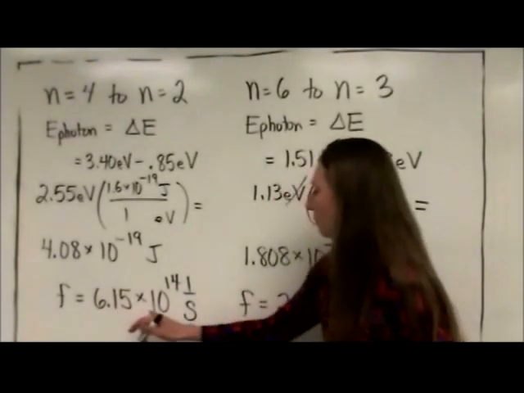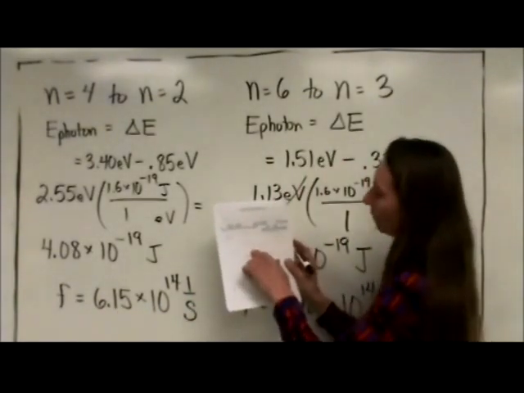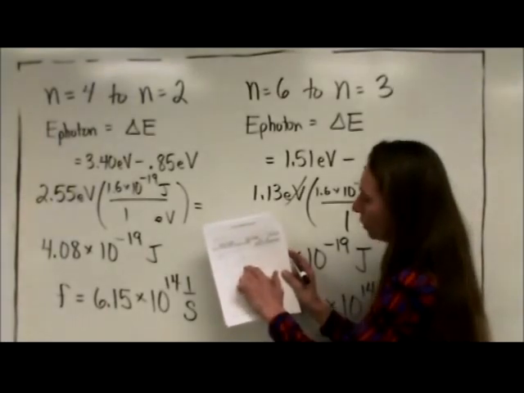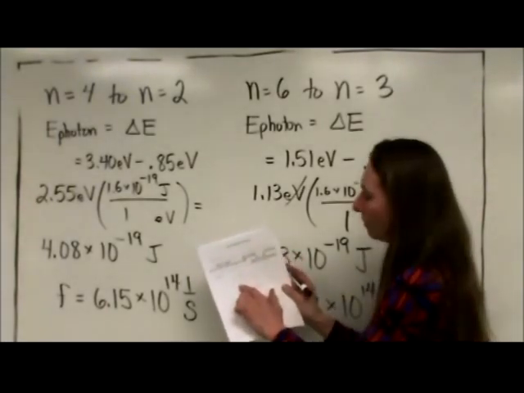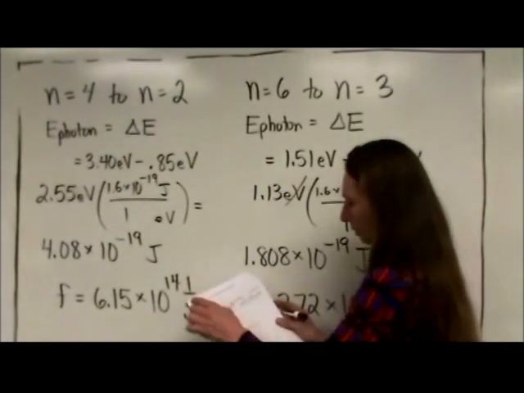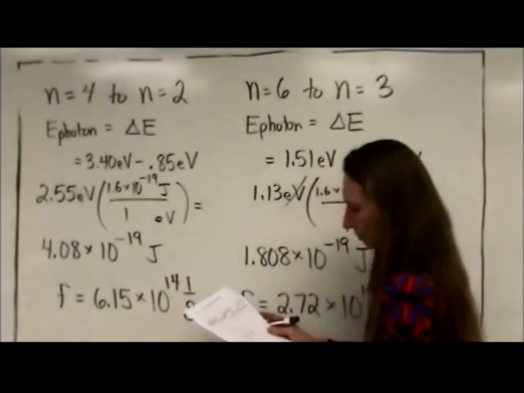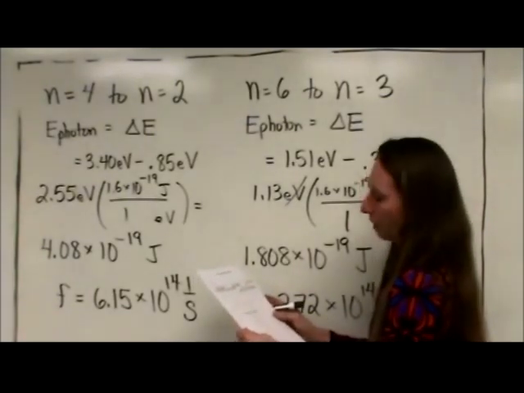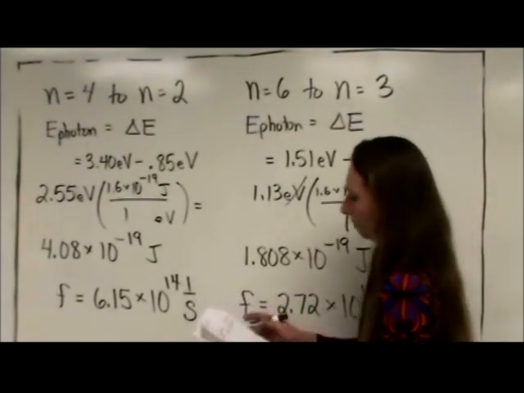This is 6.15 times 10 to the 14th. Now, I see that blue light is between 6.10 and 6.59 times 10 to the 14th. So this is blue light.